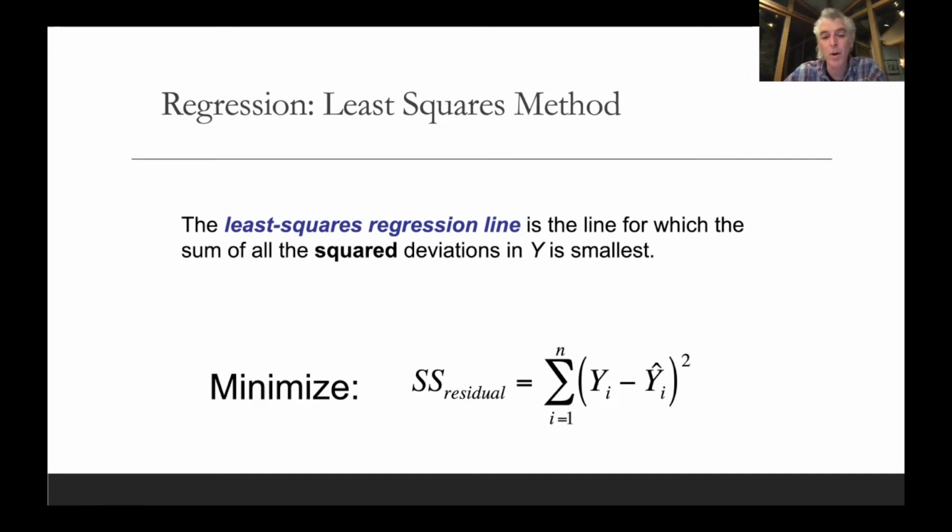So when we perform a regression, we're trying to minimize these sum of squared deviations between our observed value of y and the fitted value of y across all of our n observations.